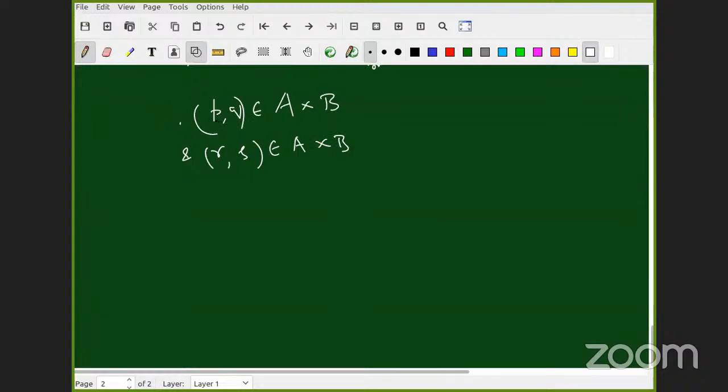Ordered pair P comma Q in A cross B, ordered pair R comma S in A cross B. Can you come up with a new point in A cross B? That's my question. Give me a third point in A cross B.